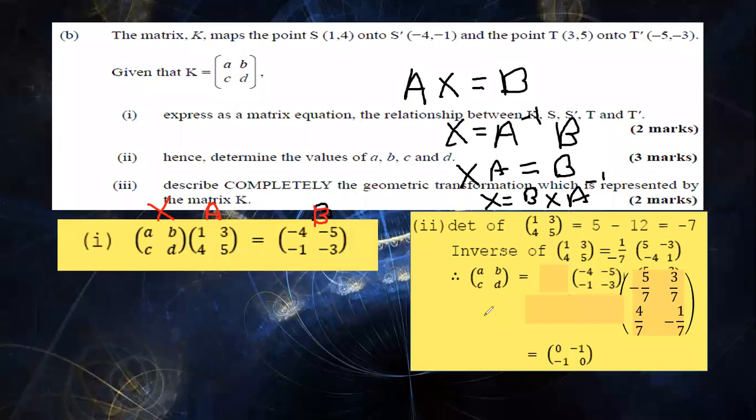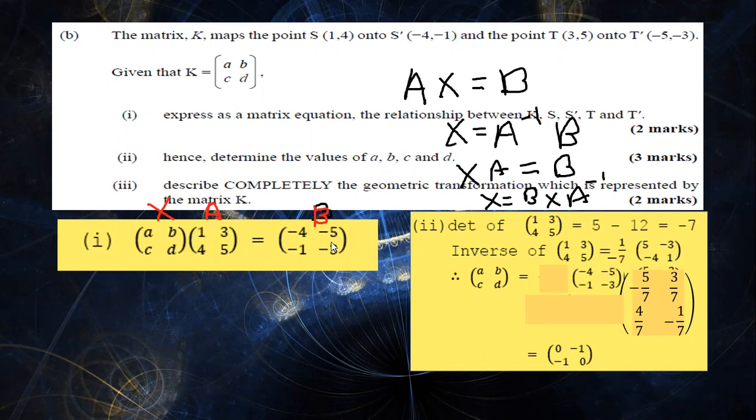And with that, we have B, which is (-4, -5, -1, -3), multiplied by the inverse of A, which is this inverse here. When I multiply it out, row by column, row by column, I will get (0, -1, -1, 0).